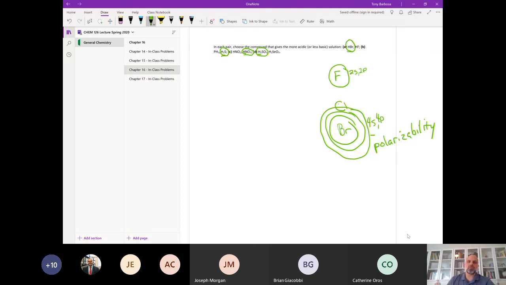This is back when we were talking about ionic compounds, probably chapter 5 or 6, quite some time ago. The bromine is more polarizable, so it's able to hold that negative charge, and it's more stable than the fluorine atom. It has to do with the fact that it's a much larger atom. You have much more surface area, many more orbitals to distribute that negative charge.